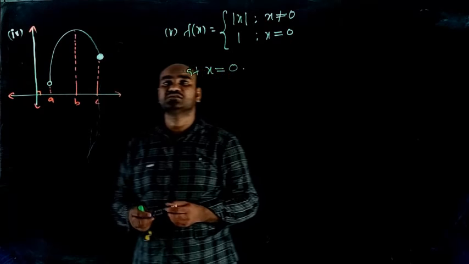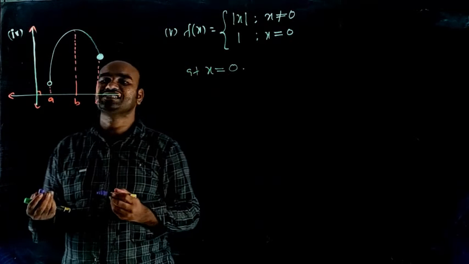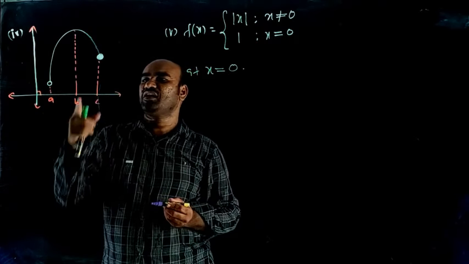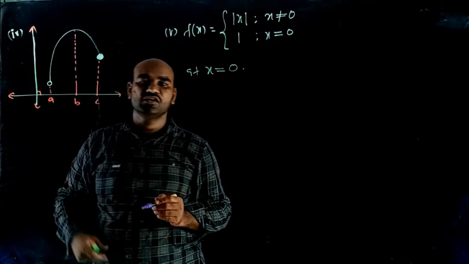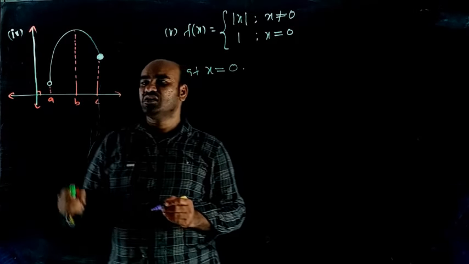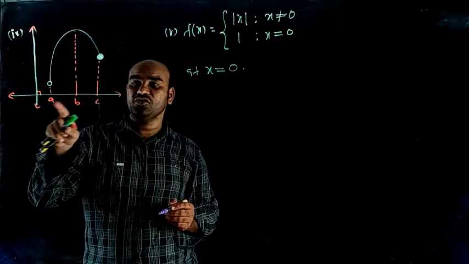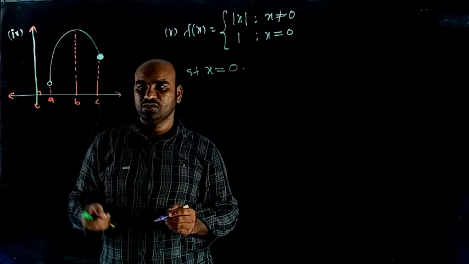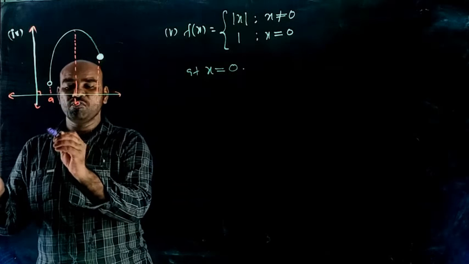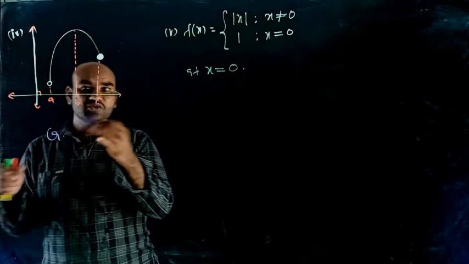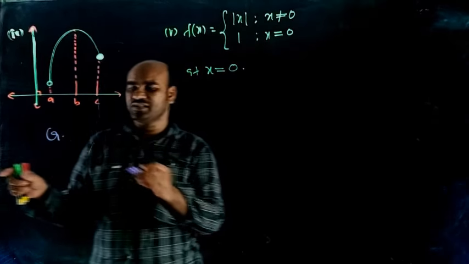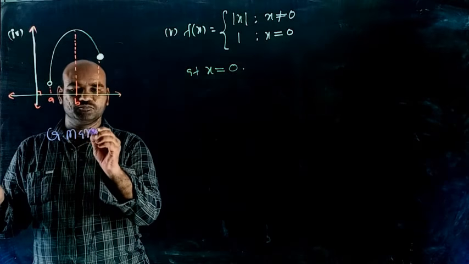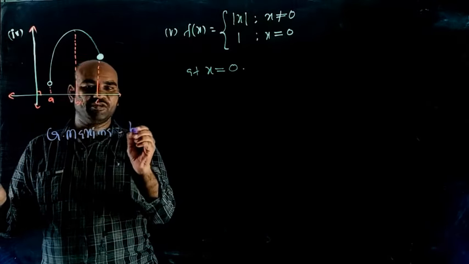Okay, students. In the same example one, fourth problem, a graph is given. This is the graph of the function y is equal to f of x. The domain is open interval a to closed c. Observe here, open interval a to closed c. While observing the graph, you can say that the global maxima is nothing but b.